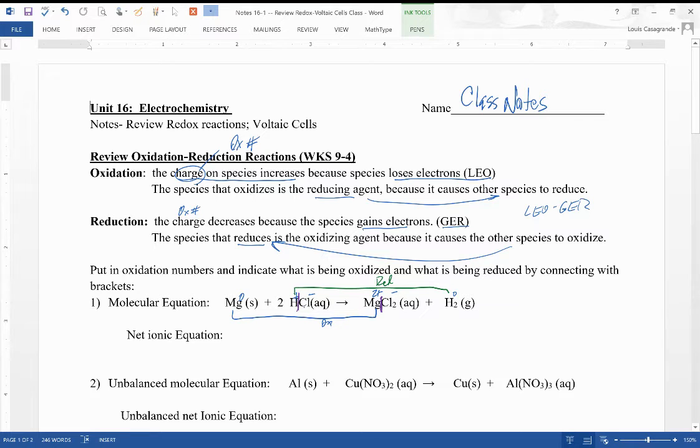It's going to turn out that the two chlorides on either side are aqueous, and those are what we called the spectator ions. So what we're going to do is just bring down the species that are changing, to show us the oxidation and reduction directly.